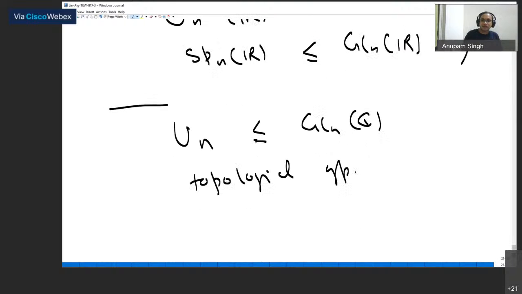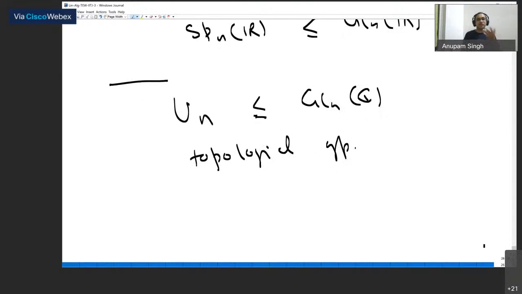And one can study these groups using this kind of extra structure. These groups are more structured basically. They also have a topology, which is coming from the metric, and sometimes those things are useful in proving theorems about these groups.